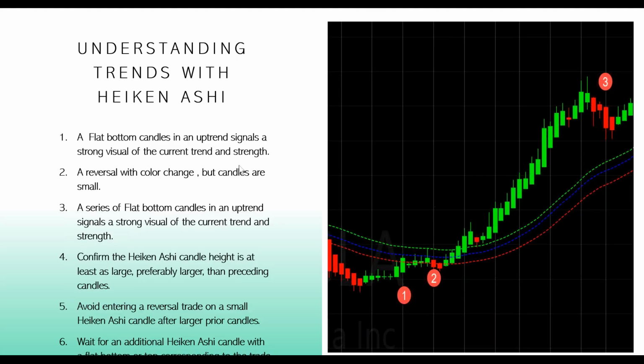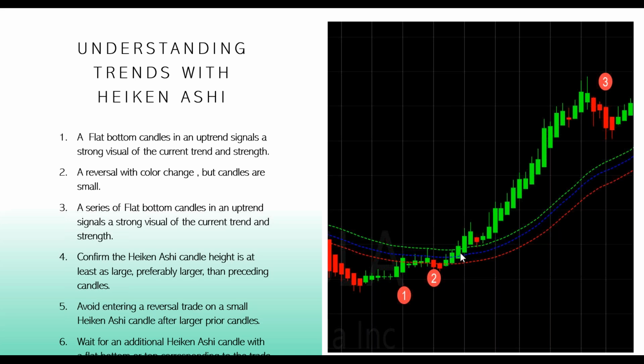Understanding trends with the Fibonacci, here's what we just talked about. You can see here that a flat bottom in an uptrend signals a strong visual of current trend support. Now you can see the Fibonacci here. We're coming down with flat tops, then we get chop, chop, chop. A reversal, but the candles are not big enough. Then chop, chop, chop.